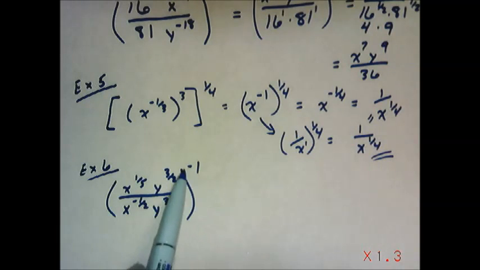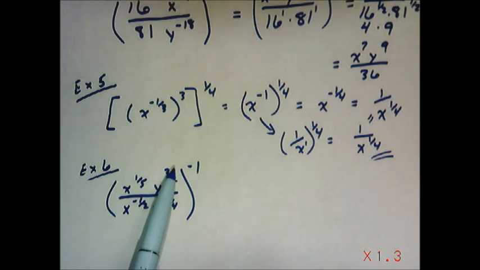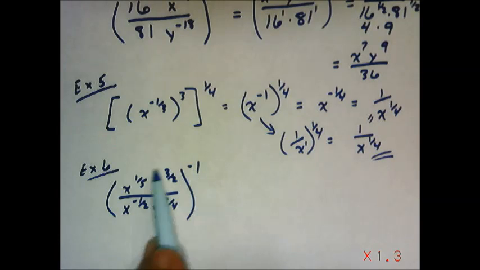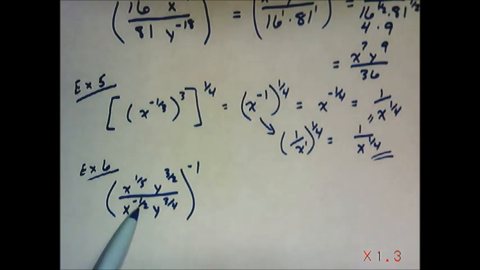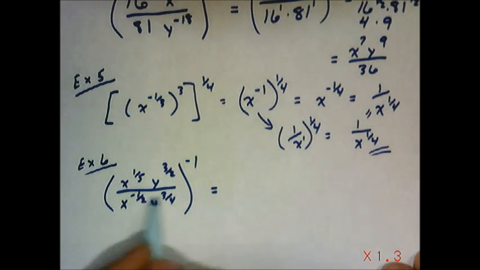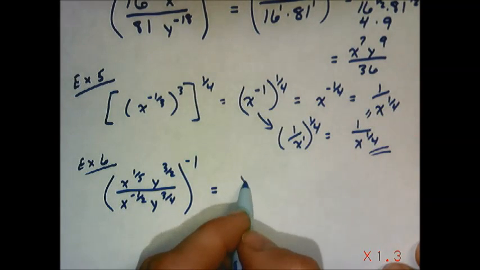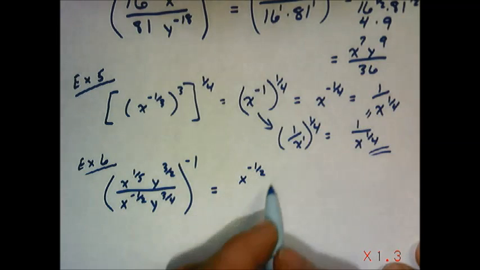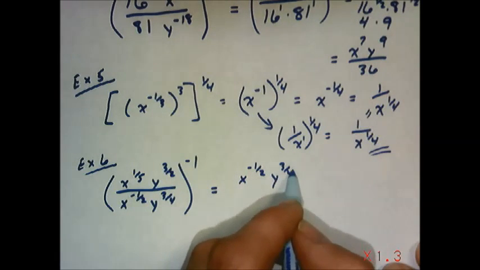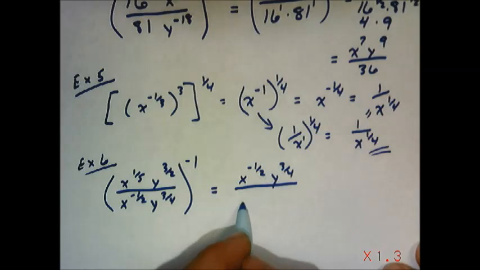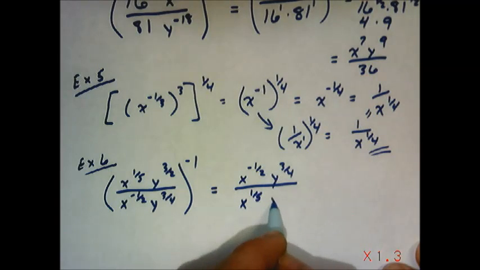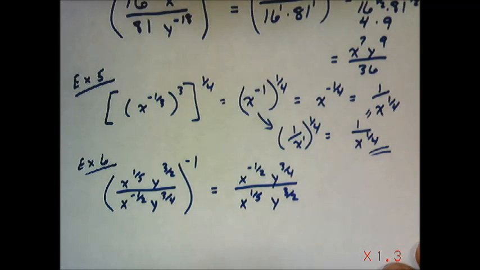Hopefully, we see this negative 1. Well, what's a negative 1 going to do? That negative 1 is going to switch all of these exponents. Well, what does that tell us to do? We're going to end up flipping all of these terms. So hopefully, with our rules of exponents, we can simply see this as x to the negative 1/2, y to the 3/4 over x to the 1/5, y to the 3/2.